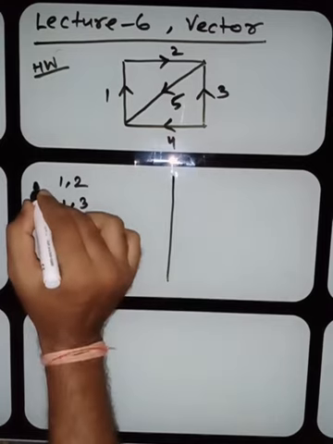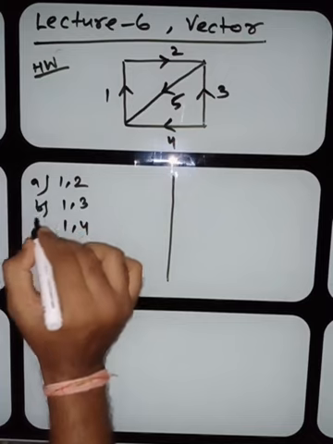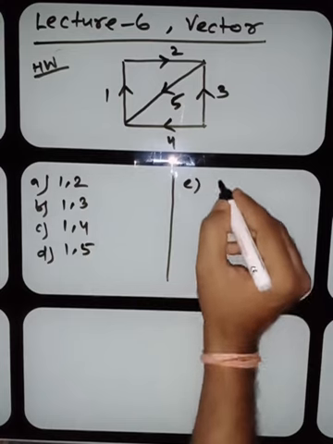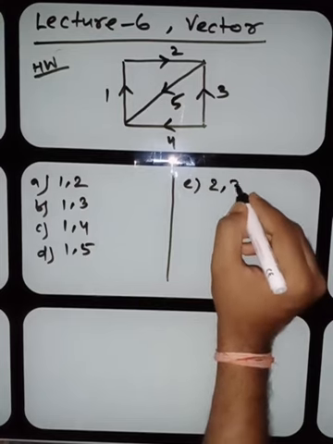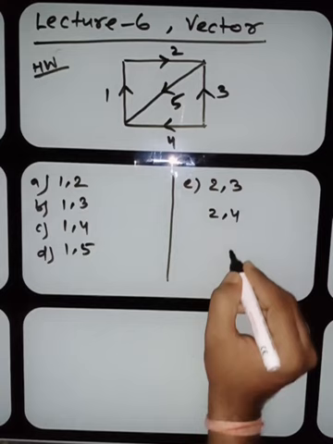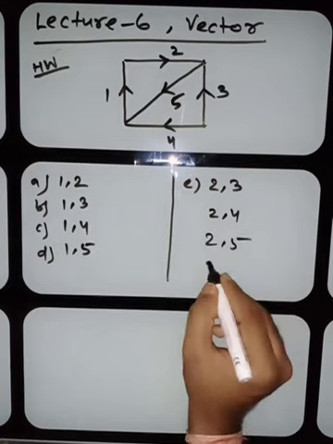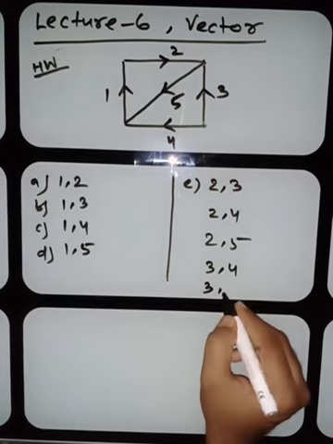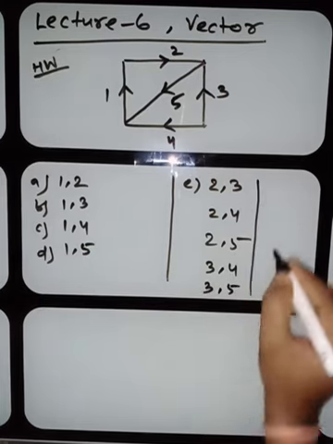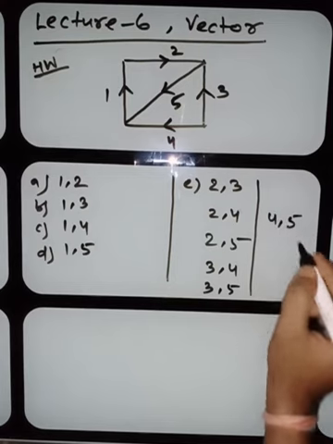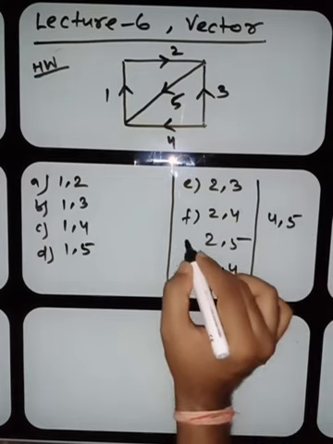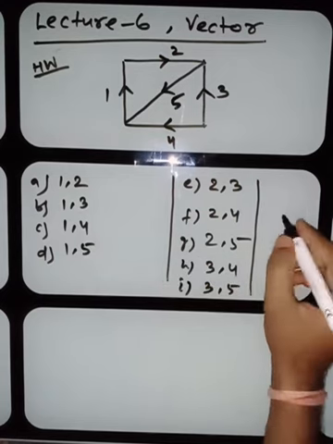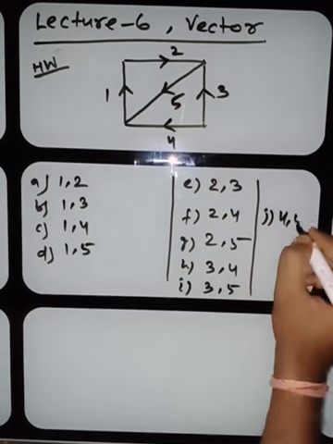Yes. So this is your first question. Then the next combinations are 2 3, 2 4, 2 5, 3 4, 3 5, and 4 5.